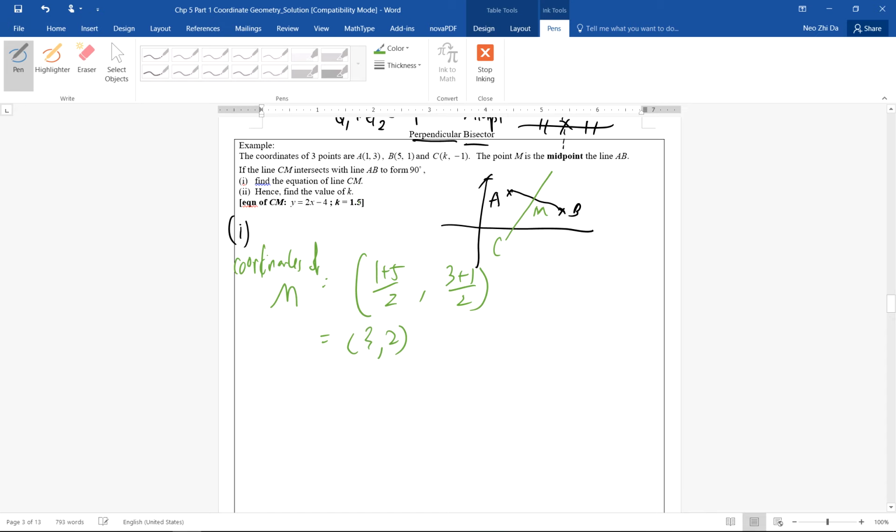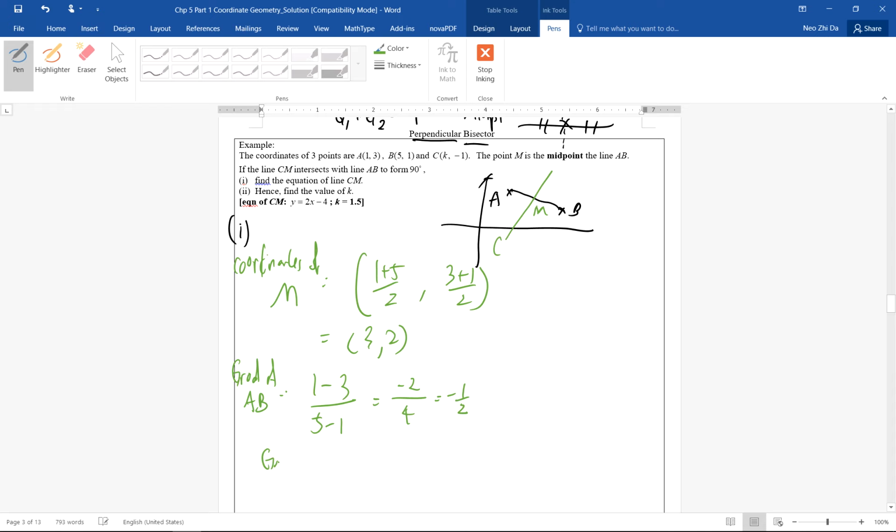So how? I can find the gradient of line AB first. Gradient of AB is 1 minus 3 over 5 minus 1. 1 minus 3 is negative 2, 5 minus 1 is 4. So negative half.